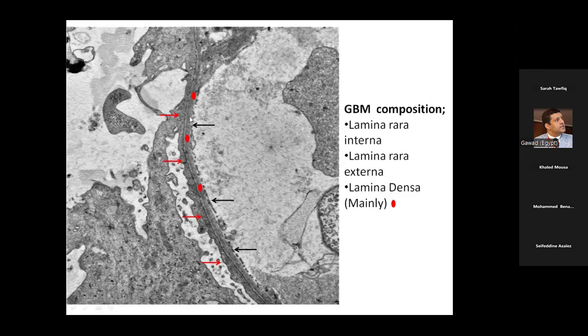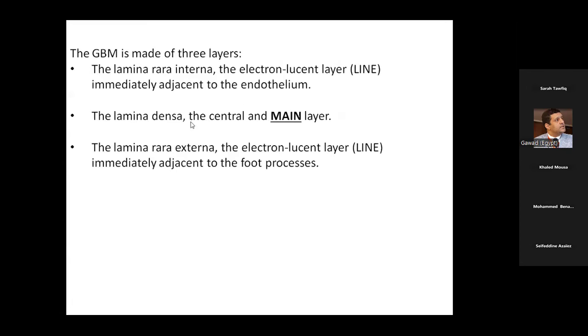That it's actually a line, but if anything is deposited subendothelially, this space will increase in size and will have what is deposited inside it. This deposit could be an immune complex deposit, it could be plasma proteins in cases of endothelial injury and TMA, anything. So this space or line is a potential space.